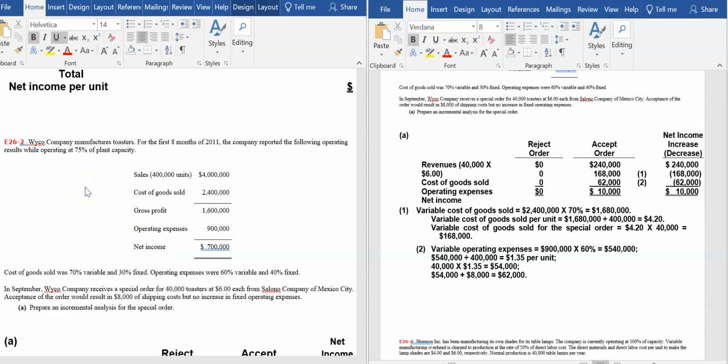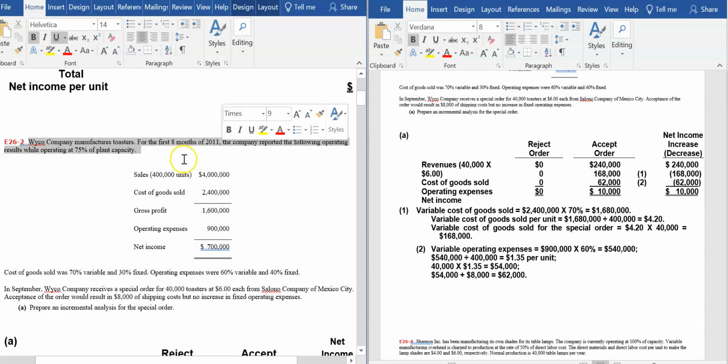Let's take a look at another example of a type of decision that managers are facing. This company manufactures toasters. The first 8 months of the year, the company reported the following operating results while operating at 75% of plant capacity.